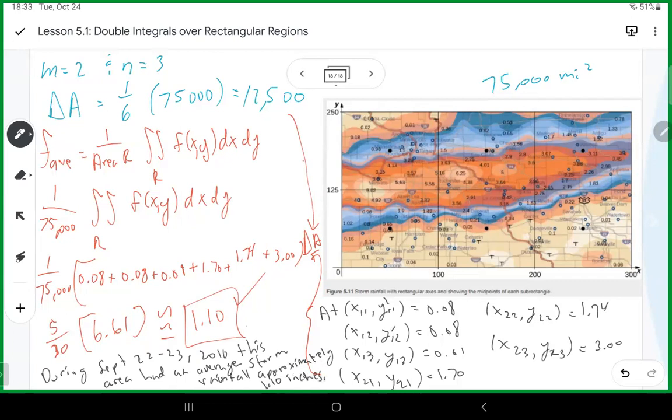Okay. All right, so that is section 5.1.